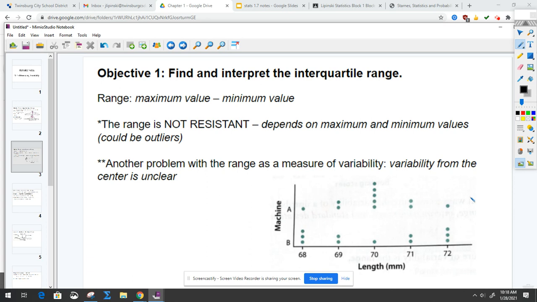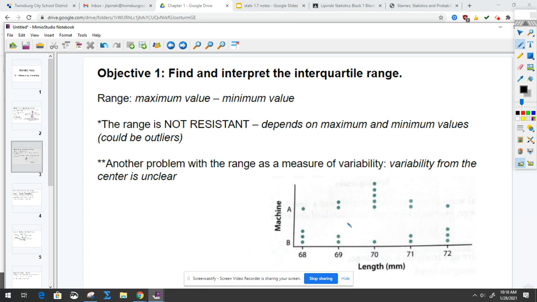If you look at these two sets of data on this parallel dot plot, say this is a company trying to make sure that they get 70 in each object. They want the length cut at 70 millimeters.